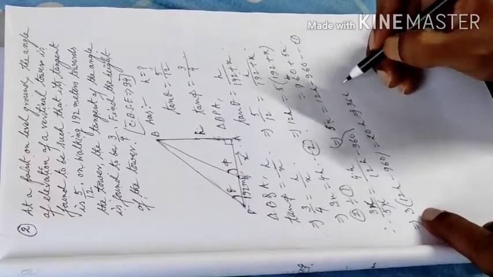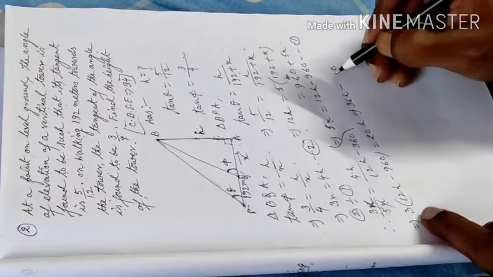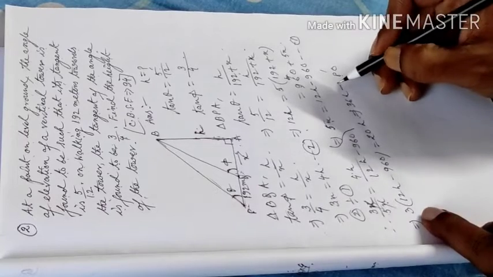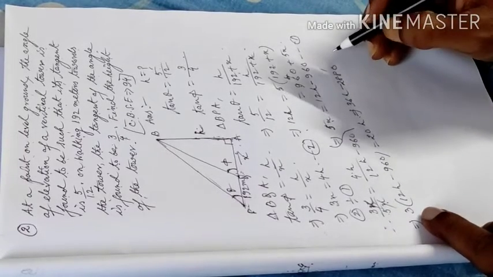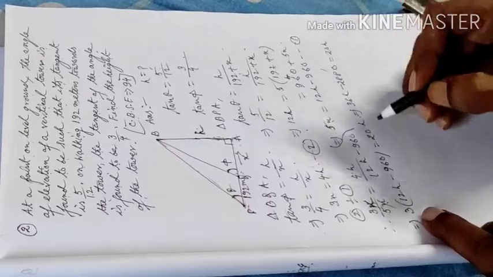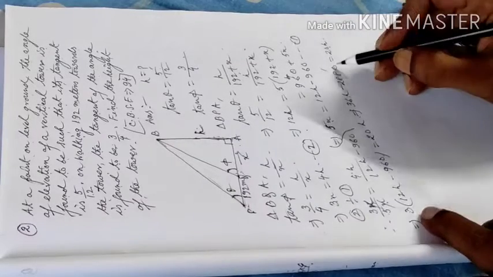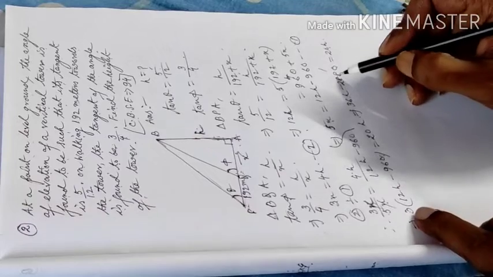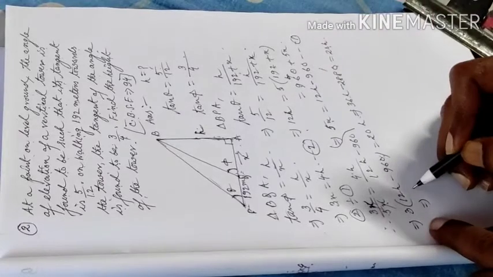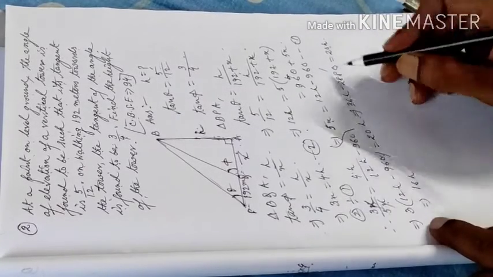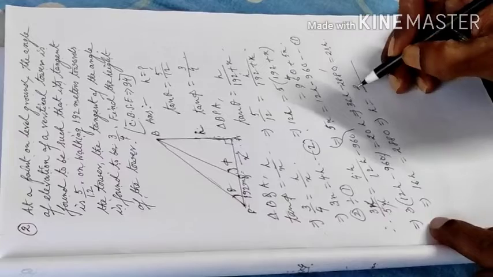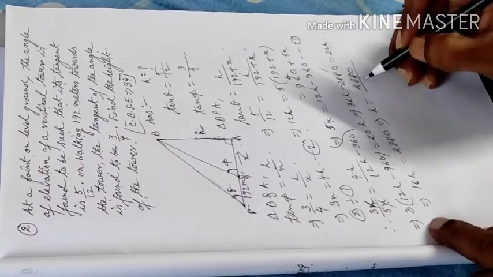36h minus 2880 is equal to 20h. 36h minus 20h is equal to 2880, or 16h is equal to 2880, or h is equal to 2880 by 16.